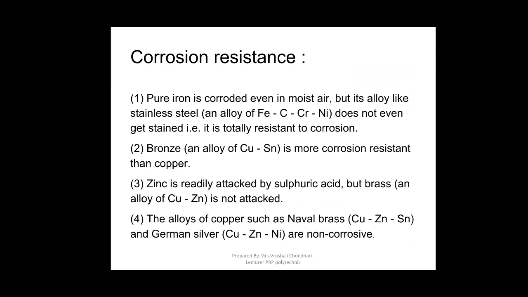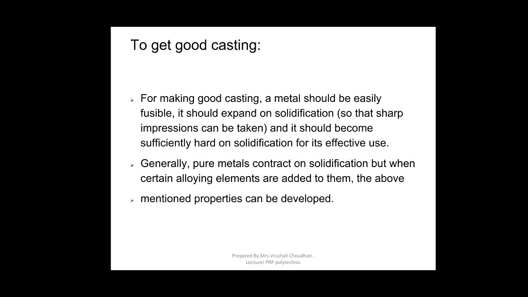Zinc is readily attacked by sulfuric acid, but brass, the alloy of copper and zinc, is not affected. Alloys of copper such as naval brass, which has copper, zinc, and tin, and German silver, copper, zinc, and nickel, are corrosion resistant, and will not react with the atmosphere or even seawater.